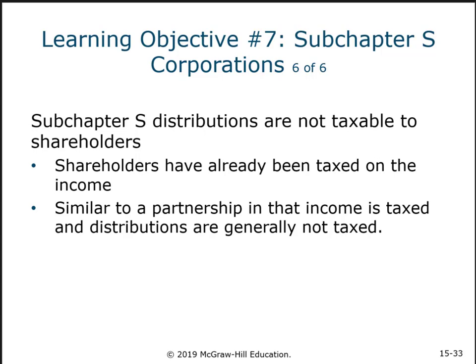That's going to be passed through to their K1 and put on the Schedule E, page 2, for the stockholder and be income, even if they didn't get it. So income by the corporation is taxable to the shareholder, but distributions are not, just like a partnership.